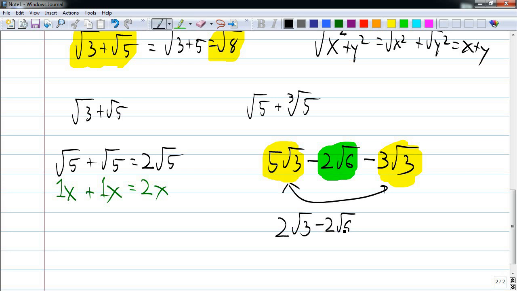Now, there is a catch, because there's always a catch. This is math class. The catch is that your radicals need to be simplified. So if I look at something like 3 square root of 8 minus 4 square root of 2, these radicands are different, but I can simplify this 8 here, because 8 is 4 times 2, and I can take the square root of the 4.